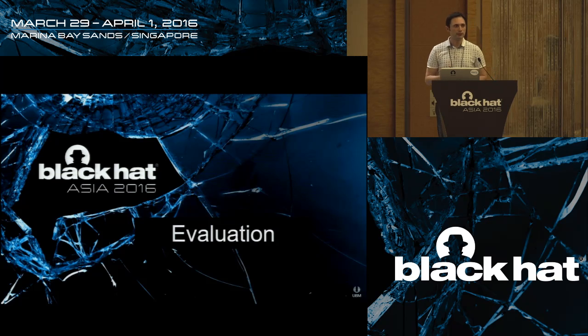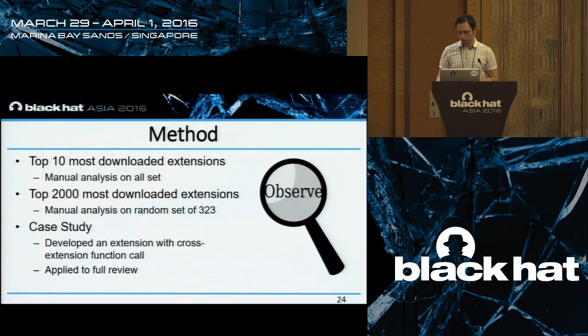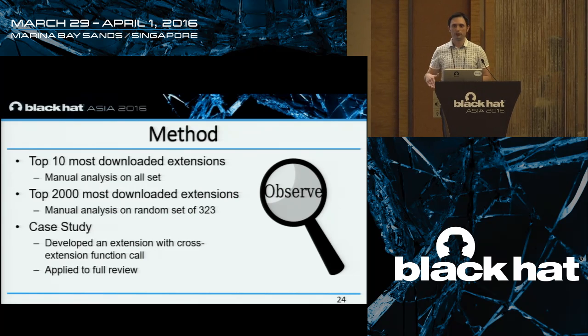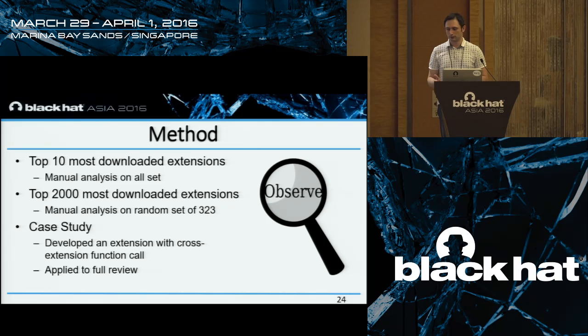So we also evaluated the tool, and we used two different experiments. In the first one, we looked at the top 10 most downloaded extensions, and we manually analyzed all of them to verify whether our output is correct or not.